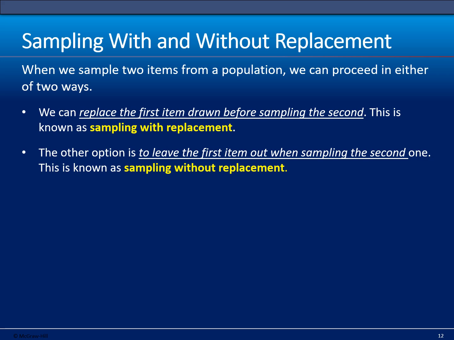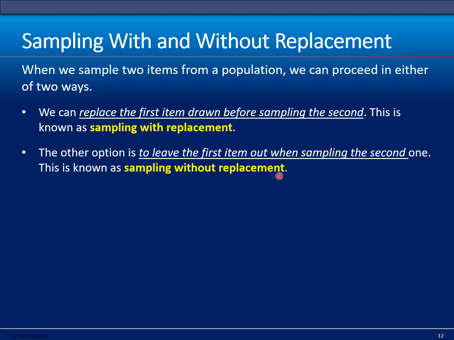The other option is to leave the first item out when sampling the second. This is known as sampling without replacement. So in the first case, sampling with replacement means you take something out. Let's say you have a group of something, you take something out, record some data, and then you put it back and randomly select again. So you're not changing your population size.